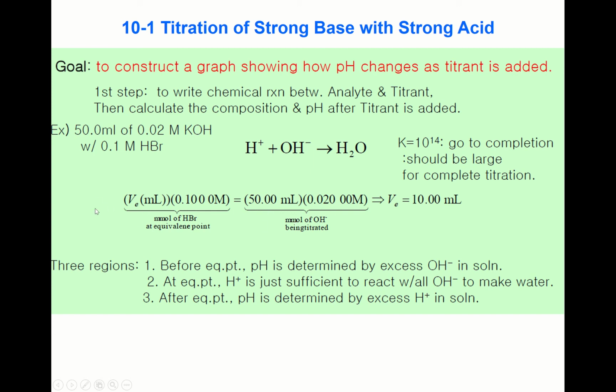VE is the volume at the equivalence point, multiplied by the concentration, and it is equal to the volume, 50 ml, times 0.02 molar. So we can very easily calculate the volume at the equivalence point, which is 10 milliliters.